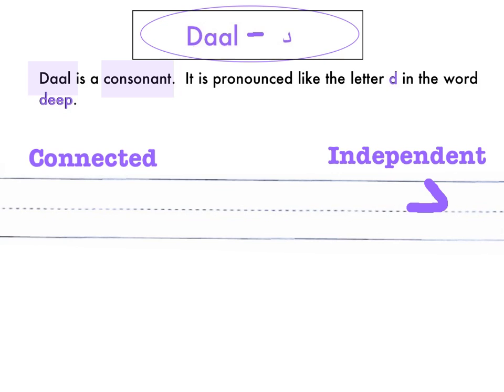And in connected form, we write it like this, which gets connected with the previous letter with this line. The letter Daal doesn't get connected with any letter that comes after it. One example of the letter Daal in independent form is the word ward, which means flower. And in its connected form, we have the word had.